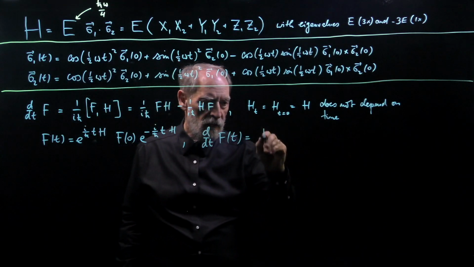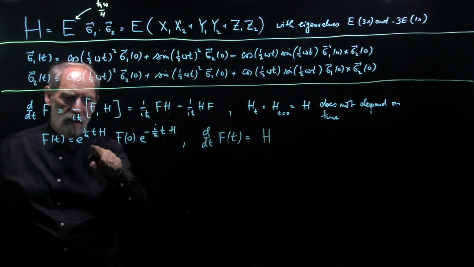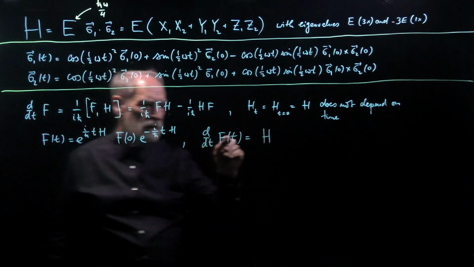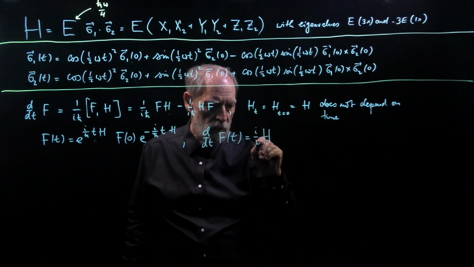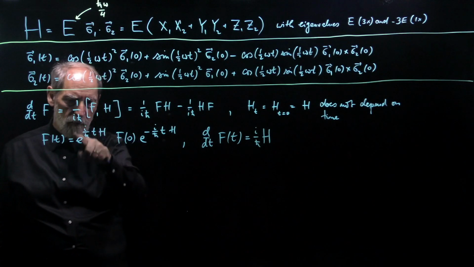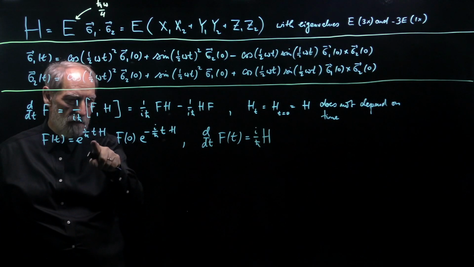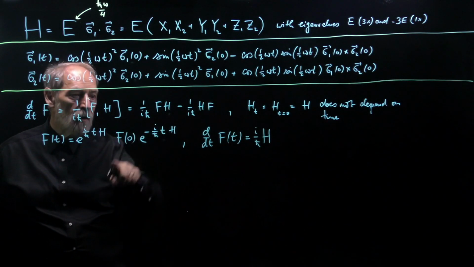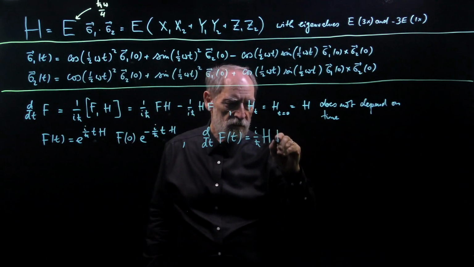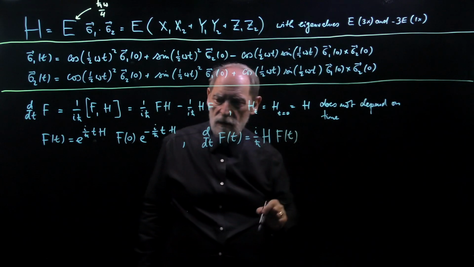So there will be an H on the left, and then there will be a factor of i divided by h bar from this exponential function. And the exponential function is reproduced by the differentiation, and then the whole rest is as it is. So this is just F of t.